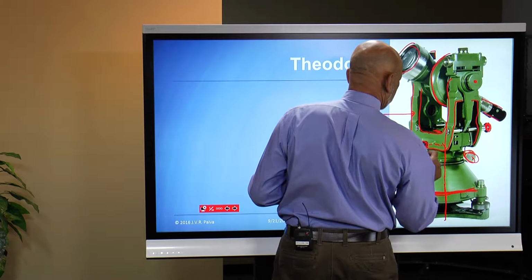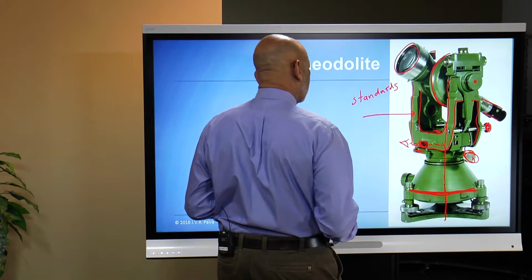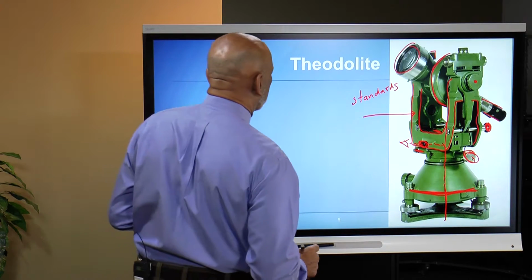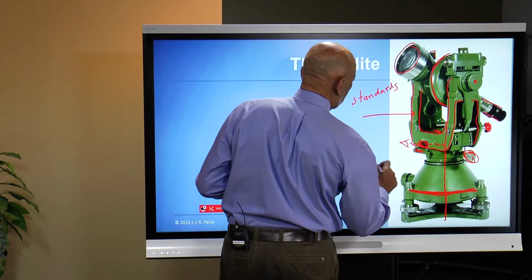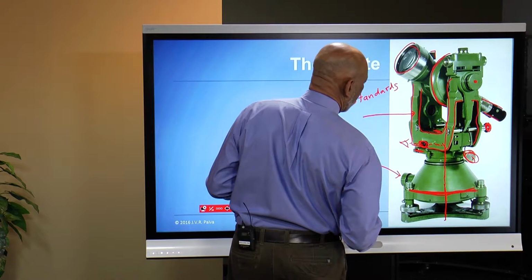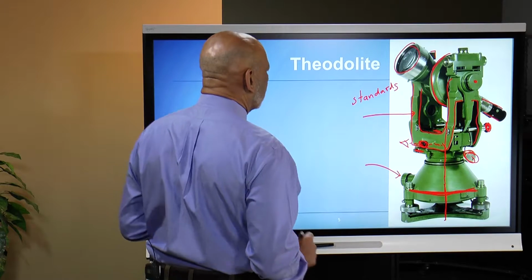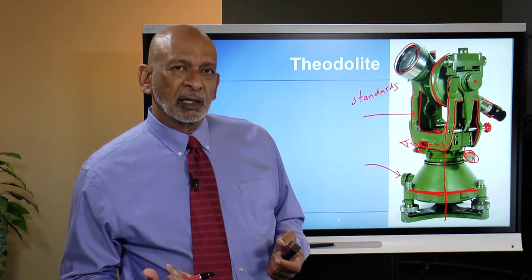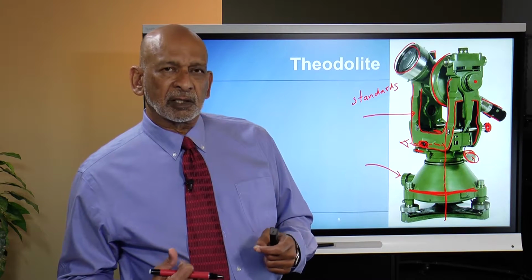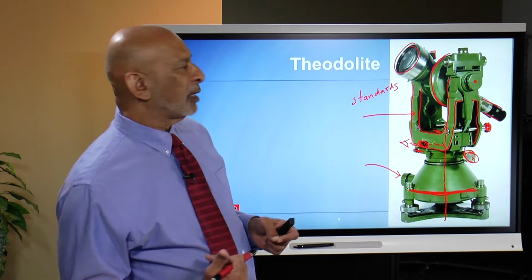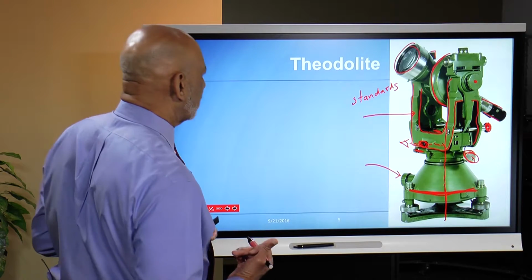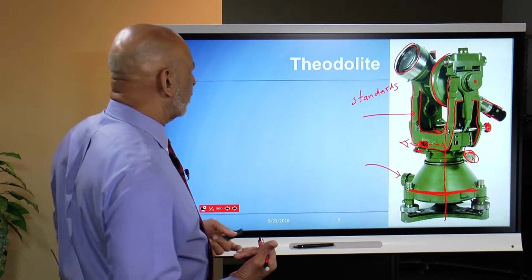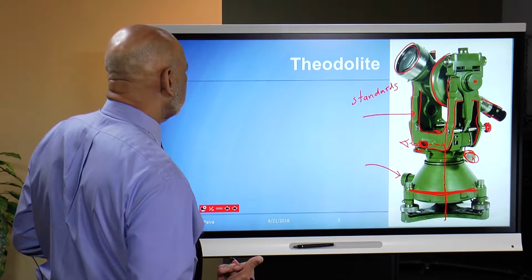You can't see it, but this is the end of the axis for the horizontal tangent motion. This instrument also had something else called a circle positioning knob, and these are all a little bit of throwbacks because they're not used today, but I'm just pointing out in case you have run into this terminology as you look at different instrumentation, or if you look at older textbooks that still refer to these kinds of things.